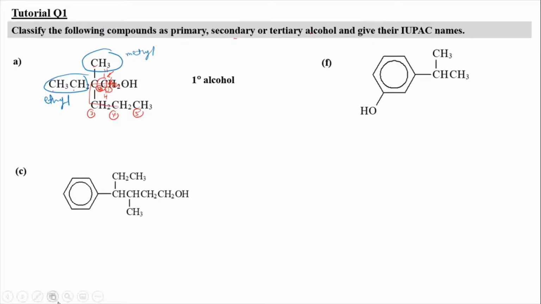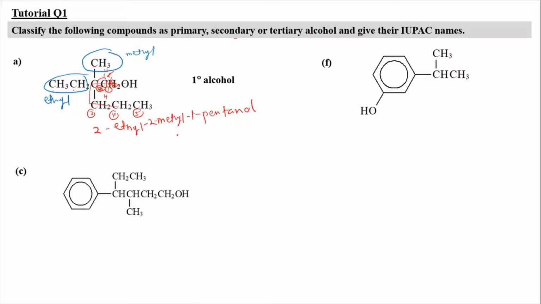Okay, so you can do the naming as 1-pentanol as the parent name because of 5 carbon, and then we're going to follow the alphabetical order. So we write ethyl first and then methyl, and at carbon number 2 ethyl is being attached, and same goes to the methyl here. So it's going to be 2-ethyl, 2-methyl, 1-pentanol.